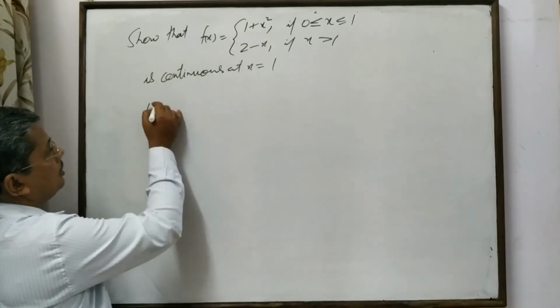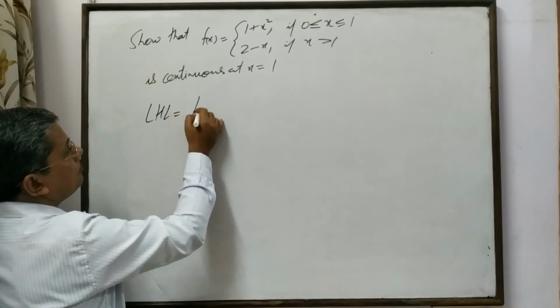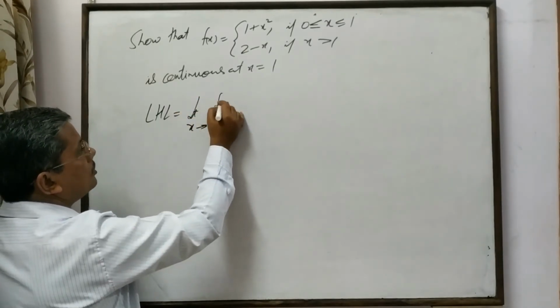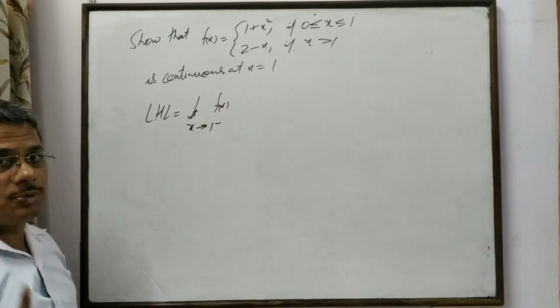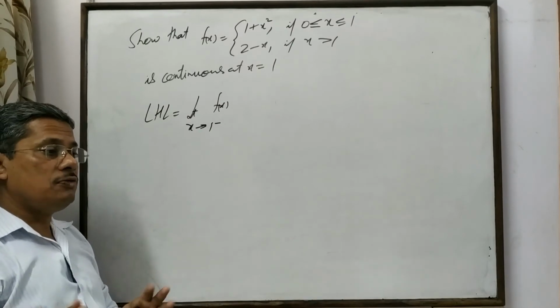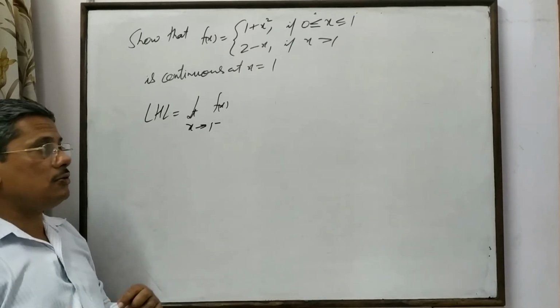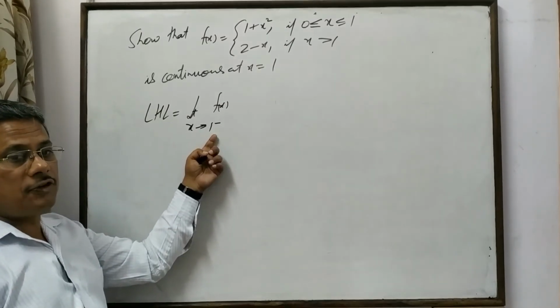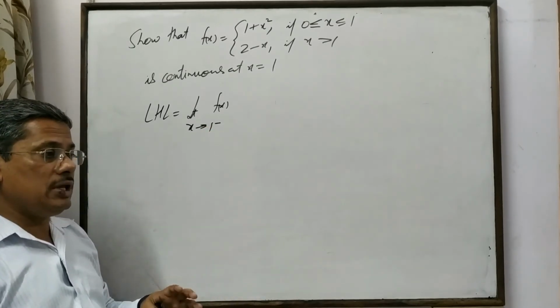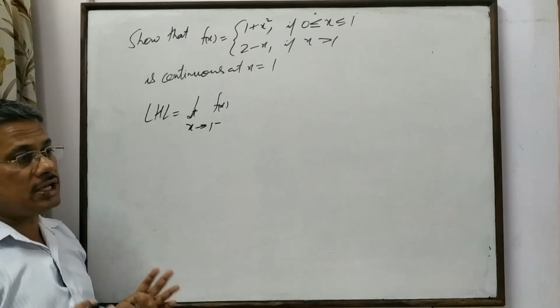So over here the left hand limit is limit x tends to 1 negative of f of x. Now one thing must be clear to the students, that 1 negative means 1 minus something. We subtracted an infinitesimally small value from 1. 1 negative does not mean minus 1.